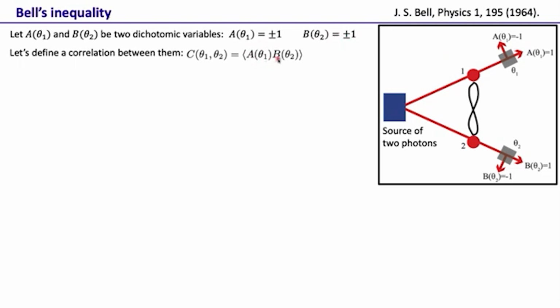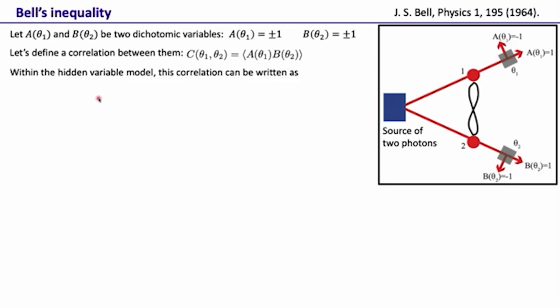Hence, A times B can only be either plus 1 or minus 1. But then we take a lot of measurements, and depending on how those different measurements turn out, the ensemble average can be anything between 1 and minus 1. It could be less than 1 because we are doing an ensemble average here. So that's a simple correlation quantity that one constructs here.